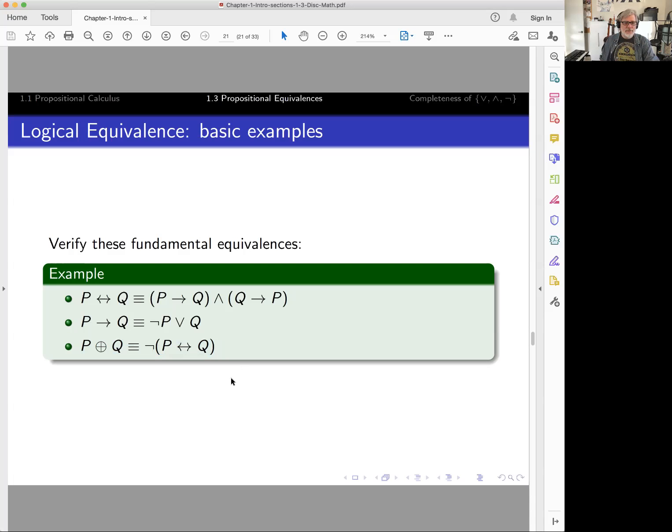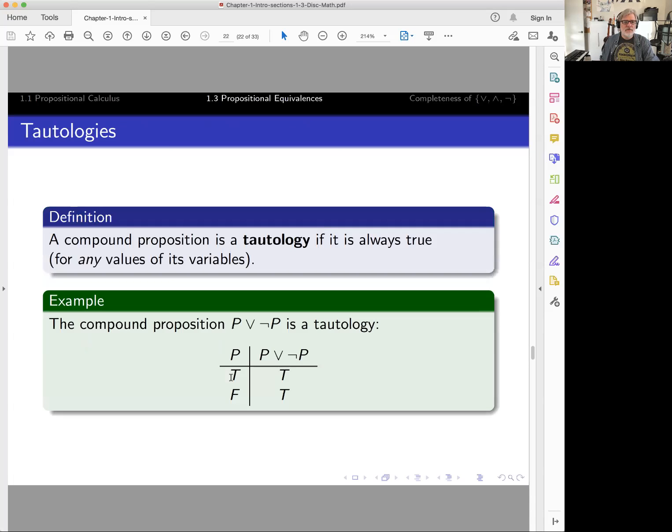Let's talk about tautologies. It looks really silly as a definition. Many of you might go, so what's the point of such a compound proposition?